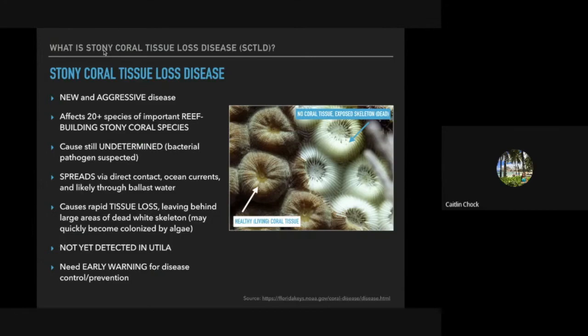It causes rapid tissue loss, leaving behind large areas of dead white skeleton, as you can see in the photo on the right. The skeleton may quickly become colonized by algae, so it might look kind of fuzzy and have a coloration to it, but the algae is going to look very different from the actual coral tissue.